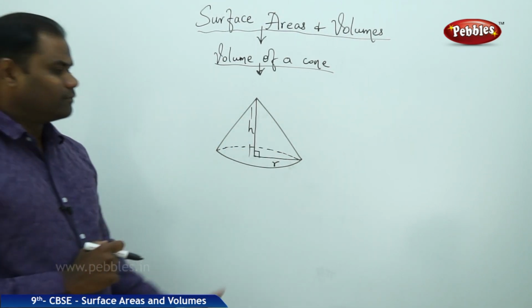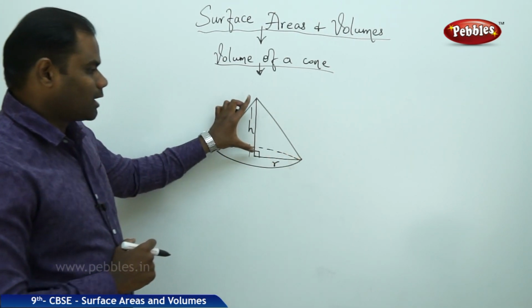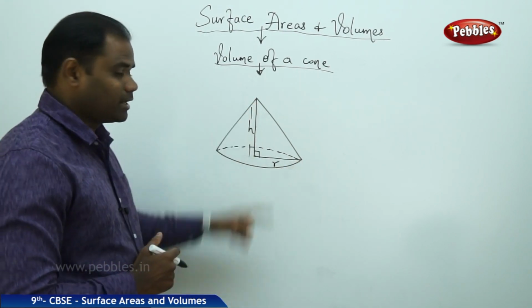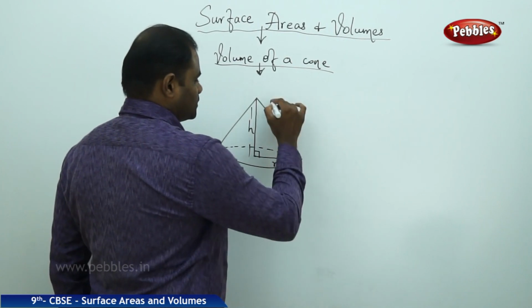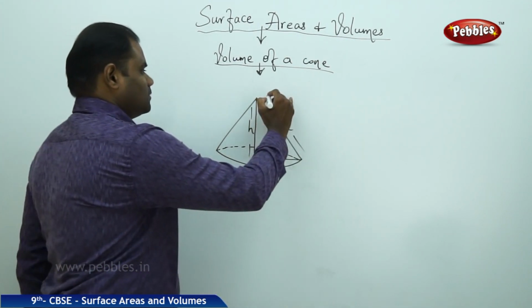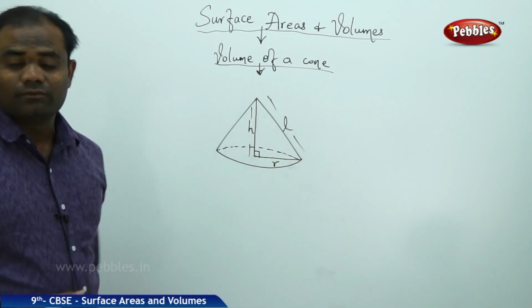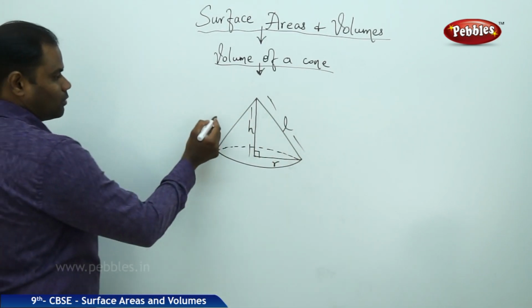So in a cone, we define this to be the radius and this to be the height. And using the dimensions of radius and height, of course, we have a slant height denoted by L.